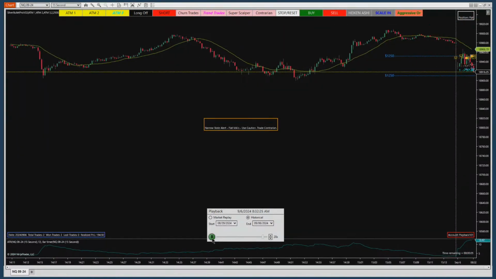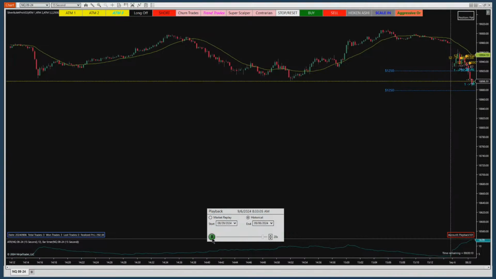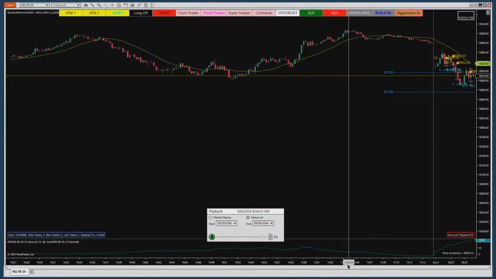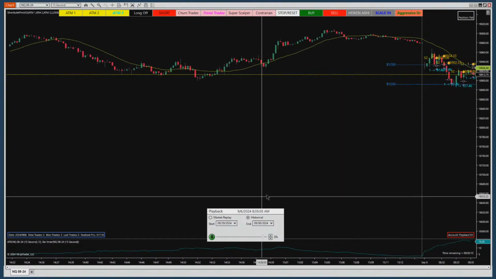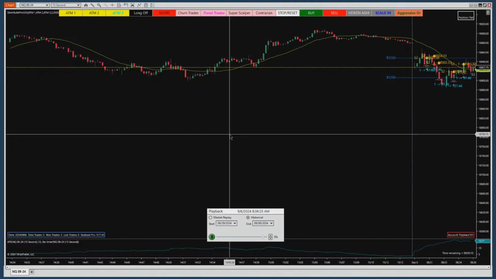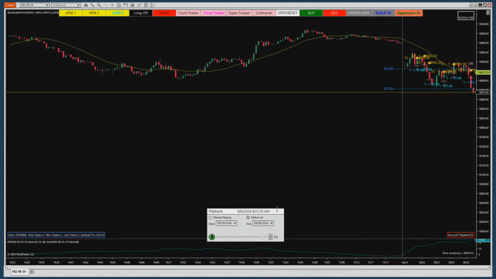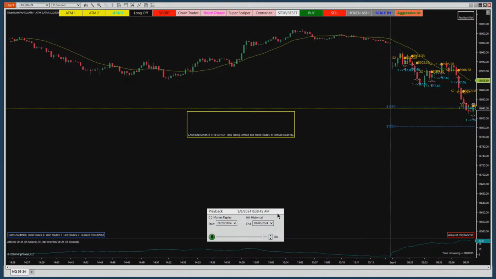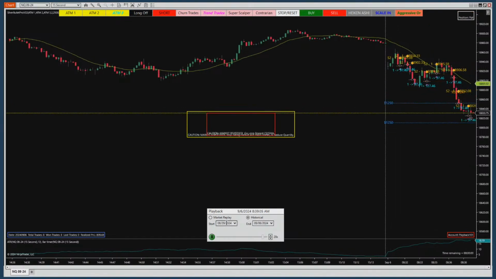So it did not wait for a pullback. It trades with the push forward. Every time there's a push forward, it takes a trade. Target filled. It's almost the opposite of contrarian. Target filled. Or target filled. Target filled.